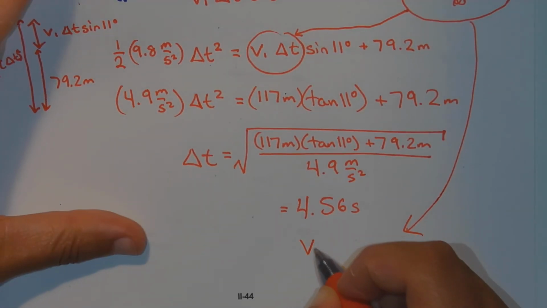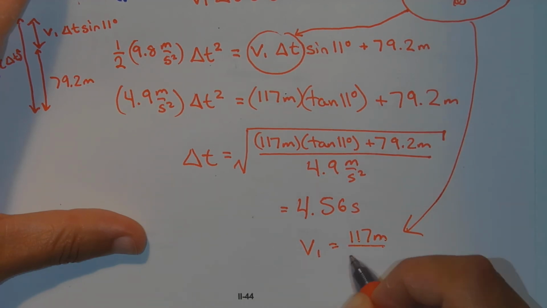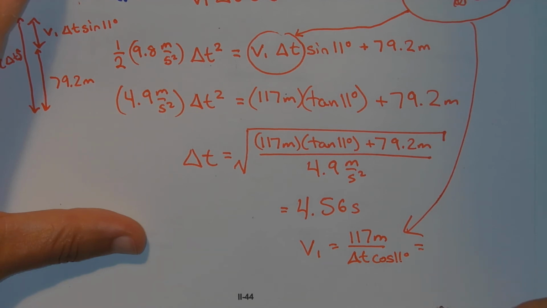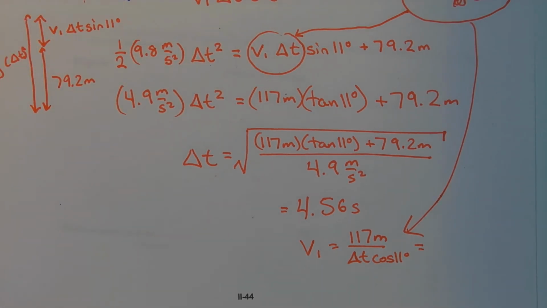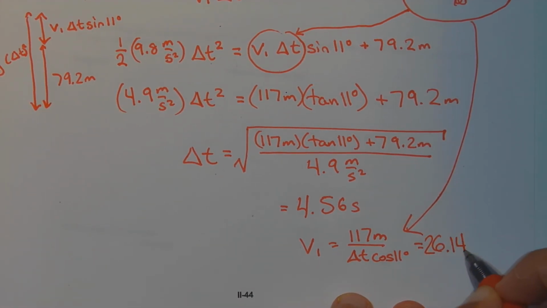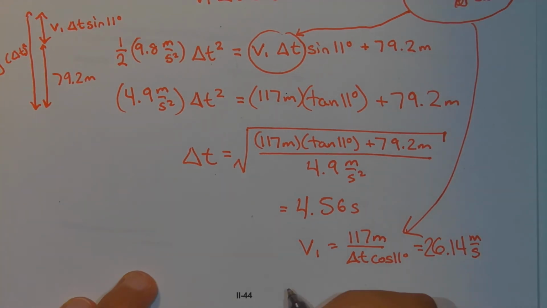I have v1 is equal to 117 meters divided by delta t times cosine of 11 degrees, and that gives me 26.14 meters per second.